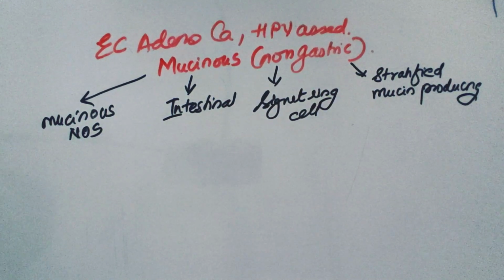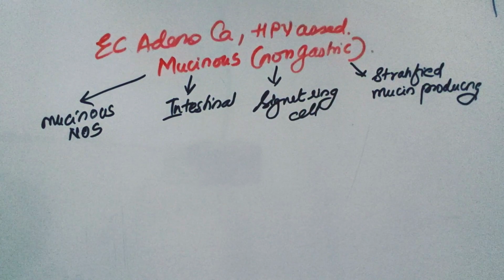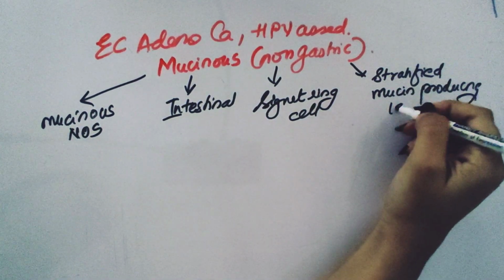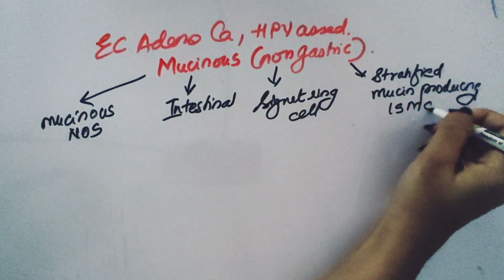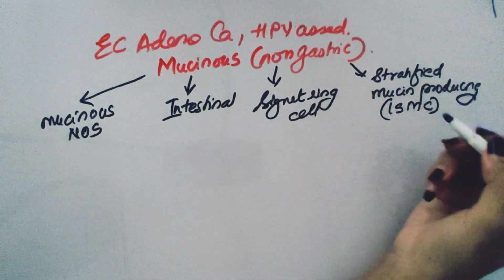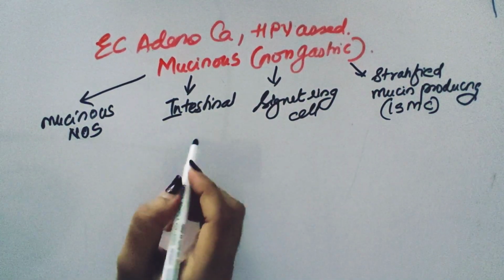The stratified mucin producing can be written as ISMC, that is invasive stratified mucin producing carcinoma in short form.